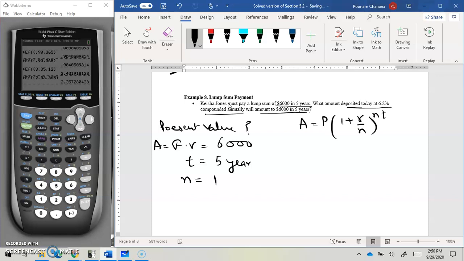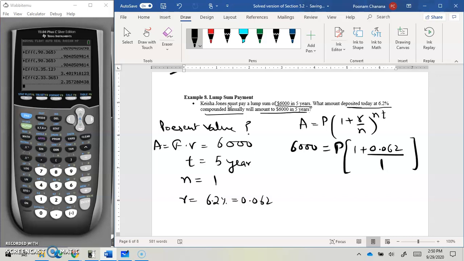In this case the amount, which is 6,000, is equal to the principal, which I do not know, times 1 plus the interest rate 6.2%, meaning 0.062 in decimal, divided by 1, raised to the power 5 times 1, which is 5.